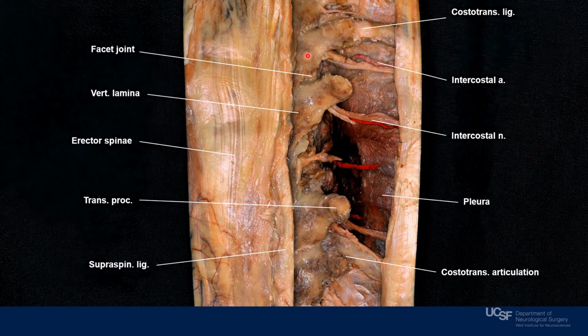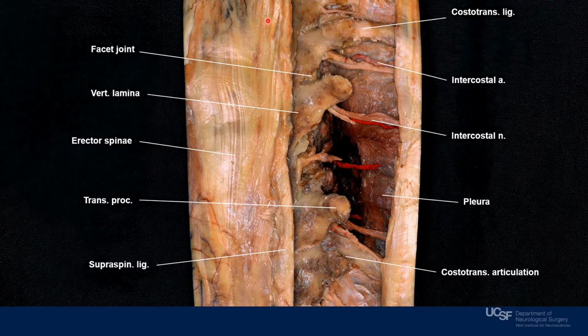A close-up view, superior, inferior, medial to lateral, from deep to superficial: the pleura, the intercostal artery. The intercostal arteries are branches that originate from the thoracic aorta from the 3rd to 11th segments.